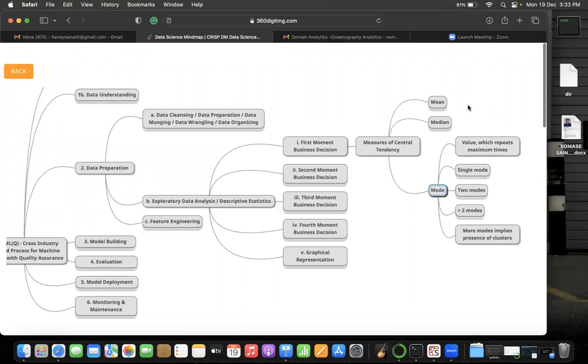Then the mode is the value with the highest frequency. Mode is very less commonly used in the codes. So this was about the mean, median, mode.